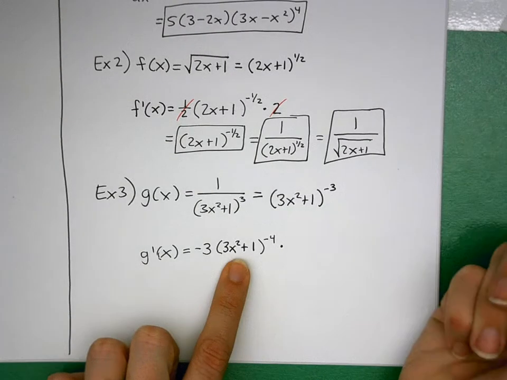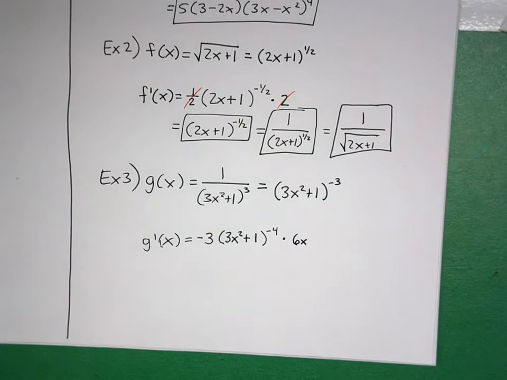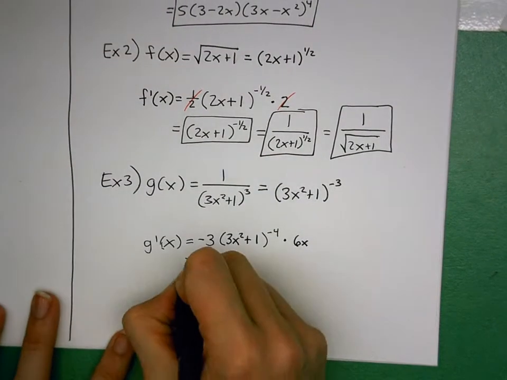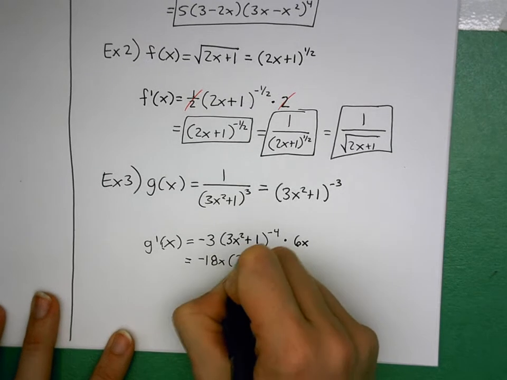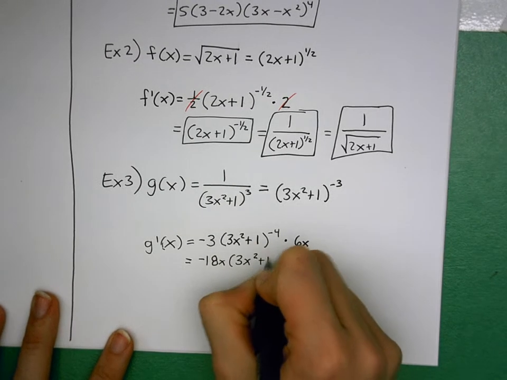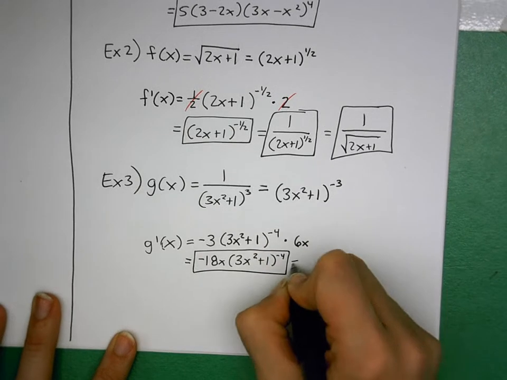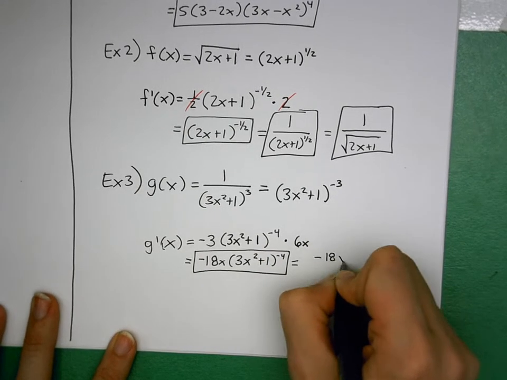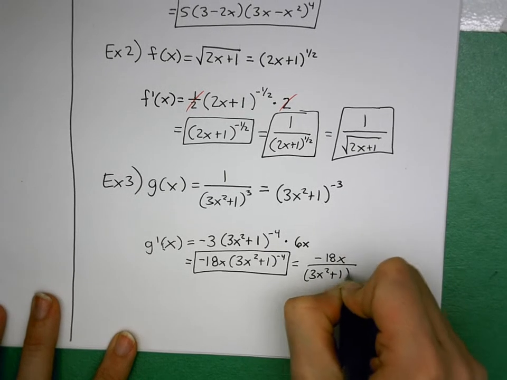Derivative of 3x squared plus 1 is 6x. And so we've got our answer. Either negative 18x times 3x squared plus 1 to the negative 4th, or negative 18x over 3x squared plus 1 to the 4th.